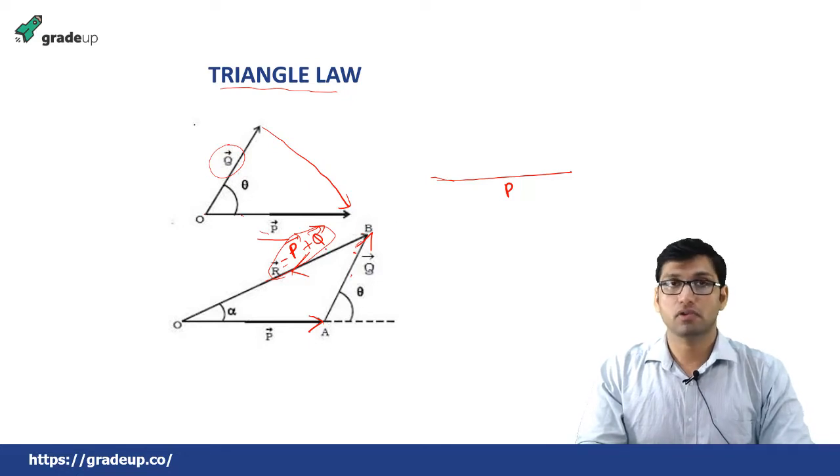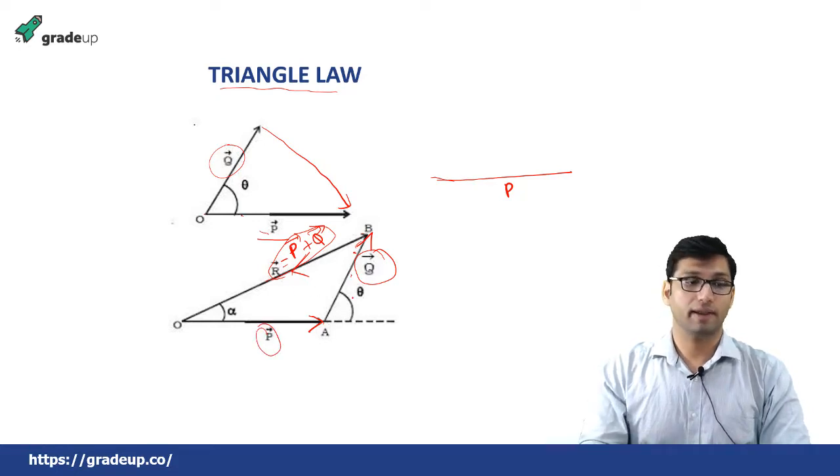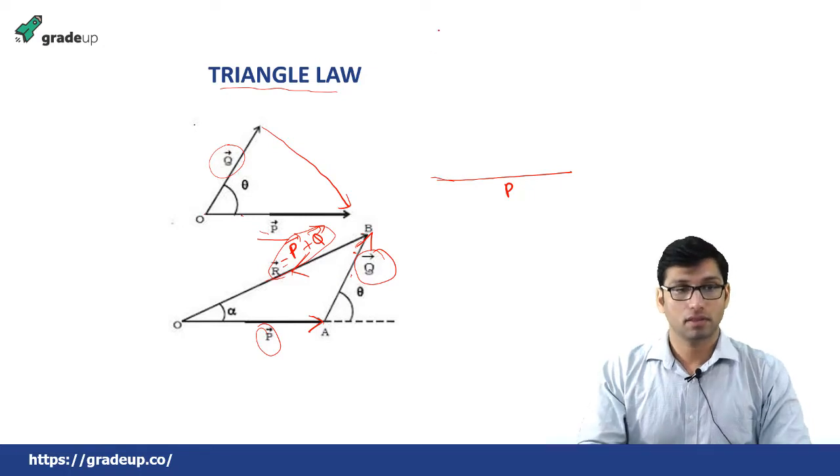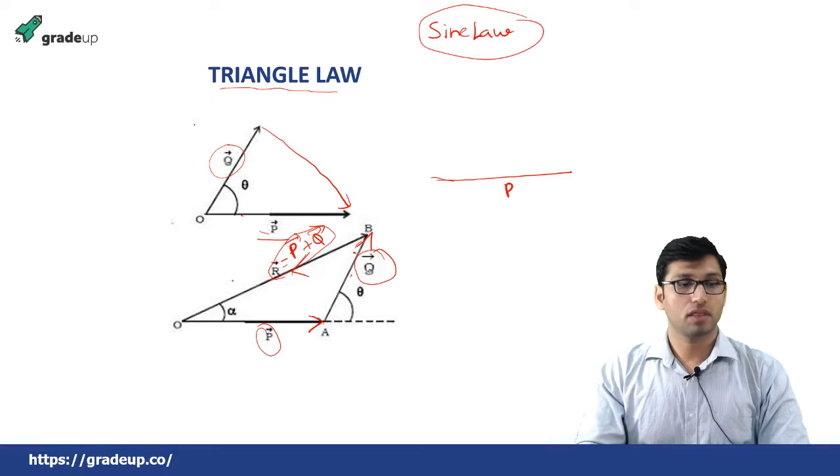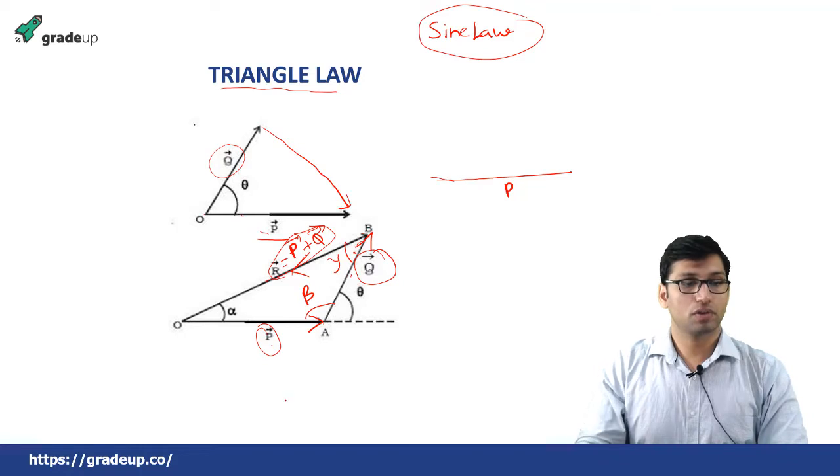Now this was one method to find the resultant force. Suppose you want to find the individual forces acting on the sides of the triangle. How are you going to find this? This is determined with the help of a law called the sine law. Suppose this is a triangle and the angles are alpha, beta, and gamma. The angle opposite to force P is gamma, the angle opposite to force Q is alpha, and the angle opposite to the resultant force R is beta.